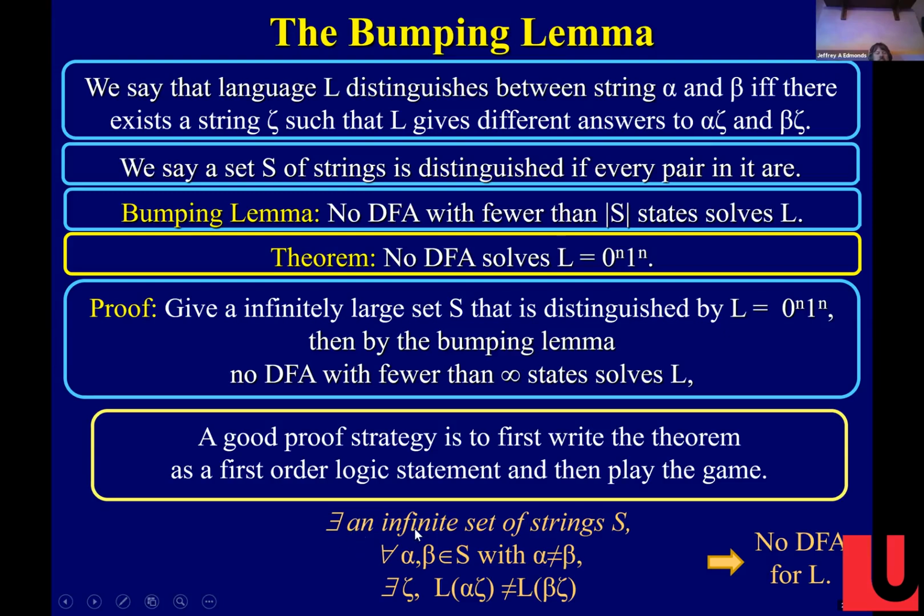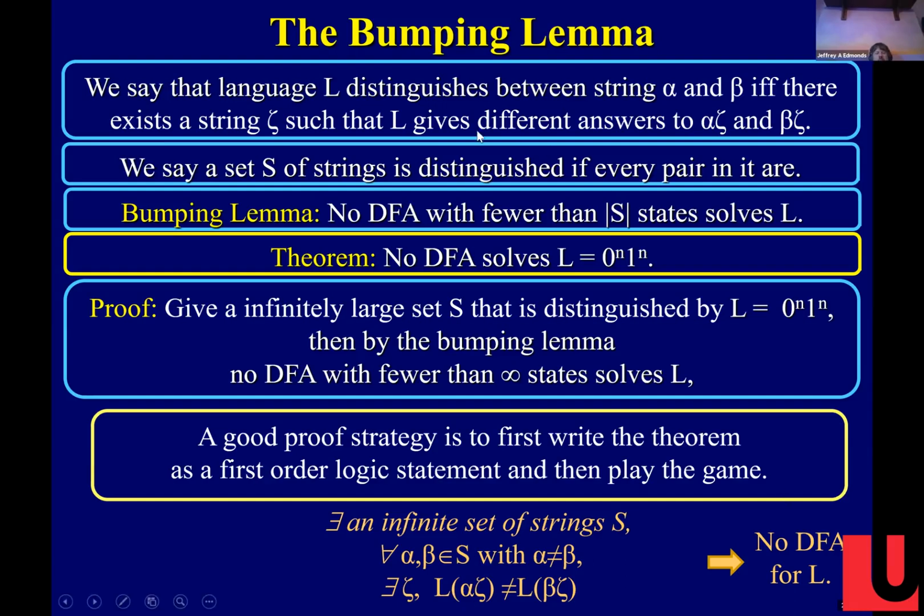It says if there exists an infinite set of strings S such that for every pair of strings, you give me any strings alpha, beta in S, and of course they had better be different strings, because if alpha equals beta, then that's not very interesting, then I'm going to prove to you that there exists a zeta such that alpha zeta and beta zeta have different answers in our language. That makes sense?